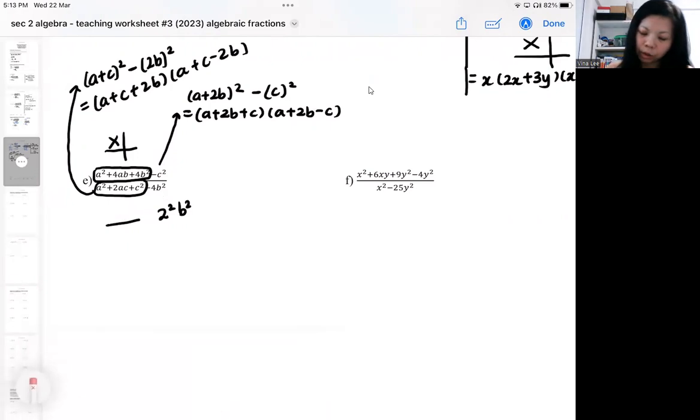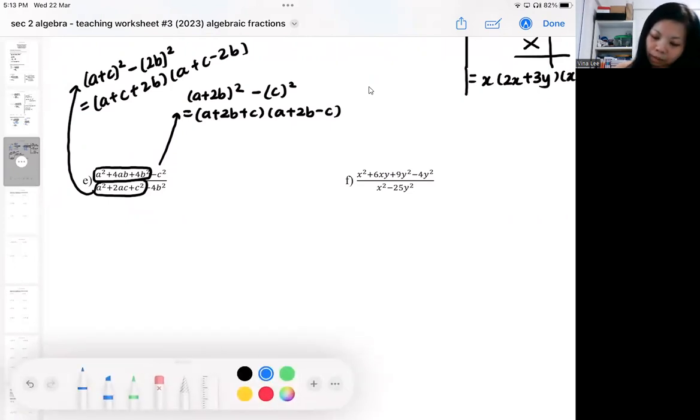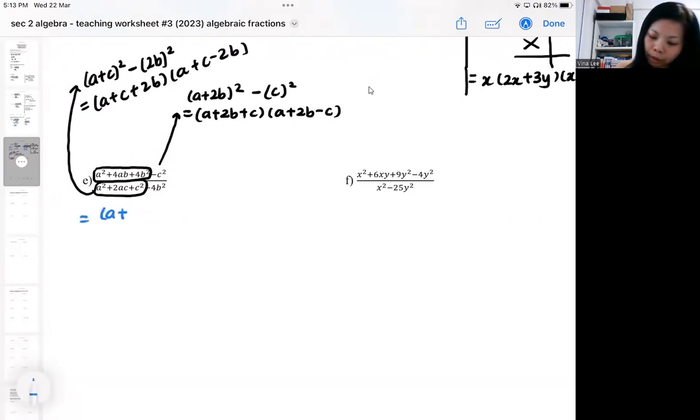So the factorization for this is not so direct. It's actually a bit difficult. But if you have gotten it correct, it will give you two big brackets in the numerator and also two big brackets in the denominator. You might want to organize it first.